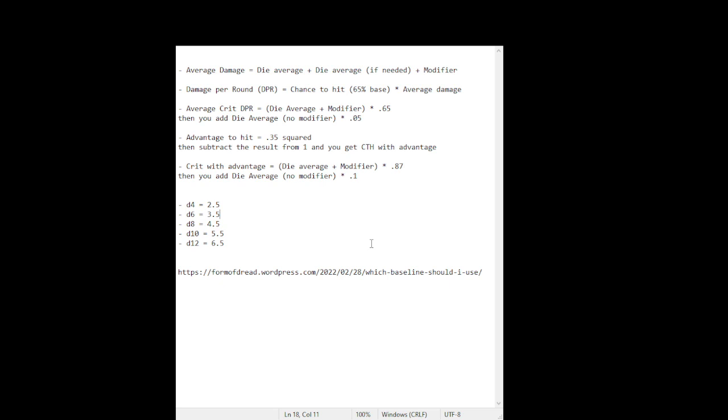I know there's not a lot of spell math here, like, well, what happens if you have a spell that has a save? Well, that's a lot more of a complicated situation, and I would honestly just recommend checking out the link I'm going to leave in the pinned comment section down below.